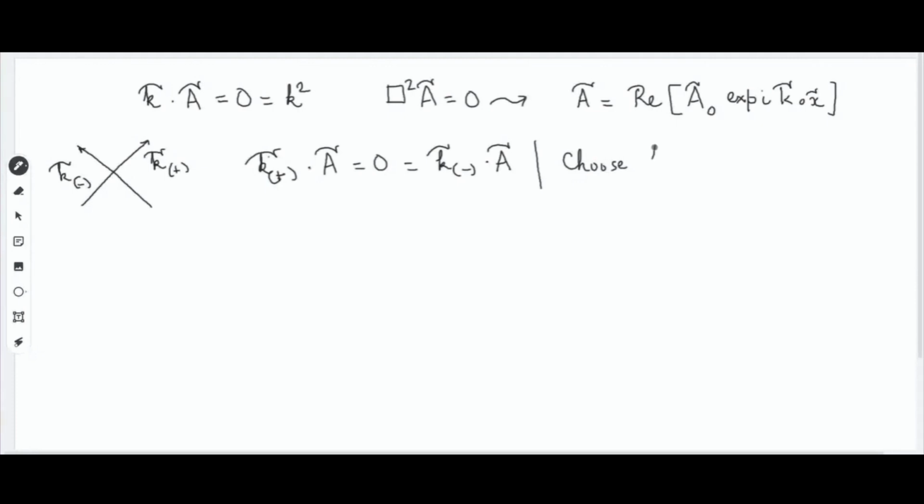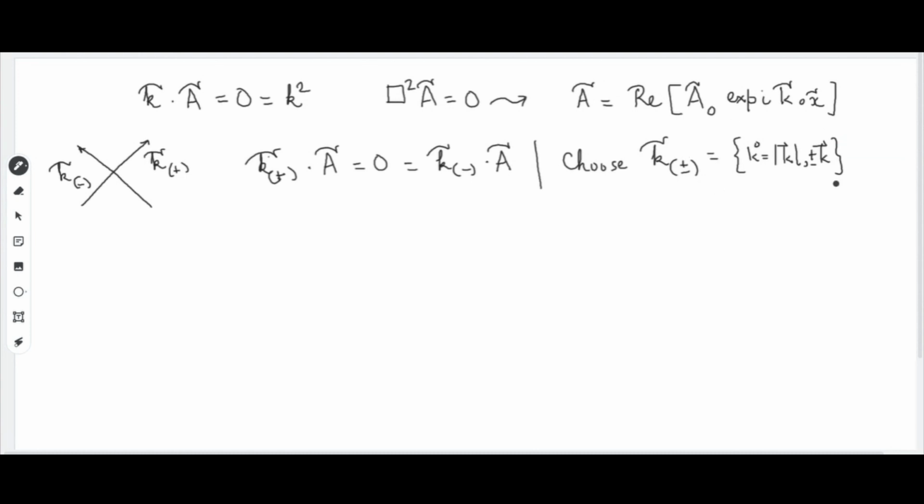Okay. Now we can choose these light-like vectors K plus minus to have the components K0, which is equal to mod of the three-vector K, and the three-vector K. And of course, this is K plus and K minus, so plus minus. So K plus goes with the plus, K minus goes with the minus, and you can see that each of these is a light-like vector.